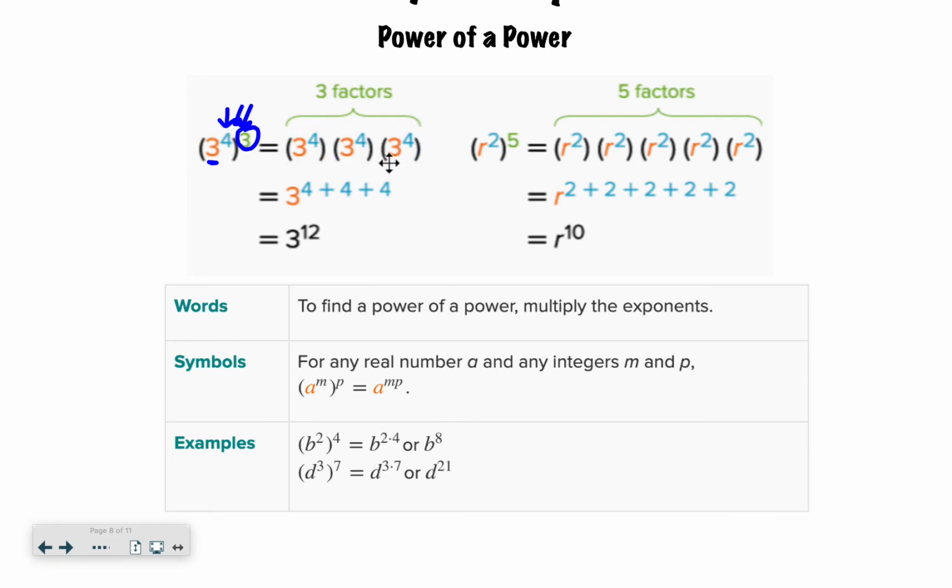Okay? So now it's written out like what we kind of did last time, where we would just add each of them, right? So 4 plus 4 plus 4. And then we would get 12. Perfect. However, I know you guys like shortcuts. And so instead of rewriting it 3 different ways and then adding up all of the exponents like that, what's faster than addition?